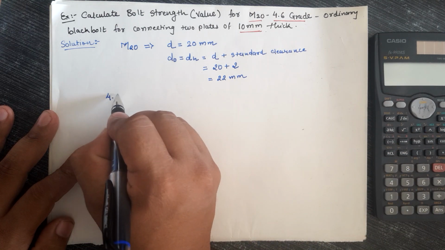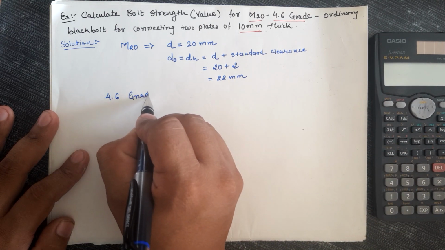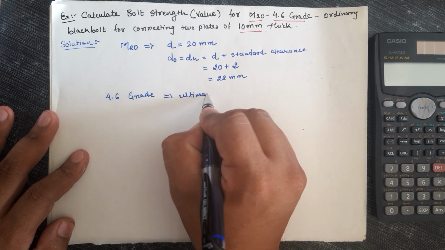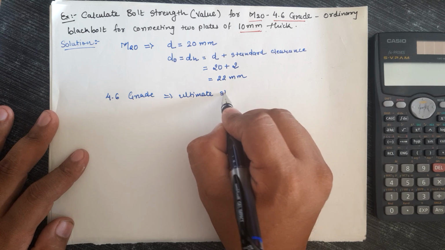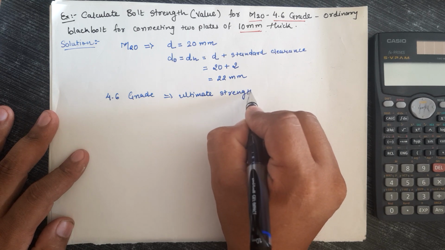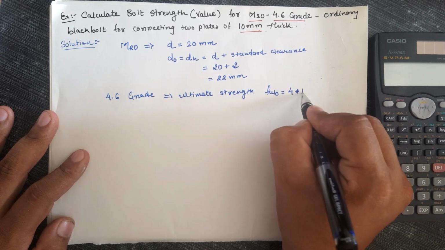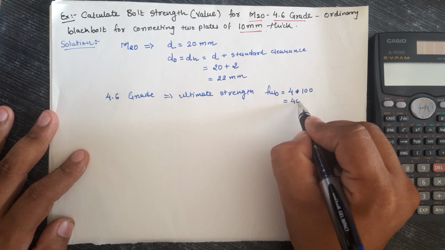Now a 4.6 grade bolt indicates that the ultimate strength of the bolt, FUB, is 4 times 100, which means 400 megapascal.